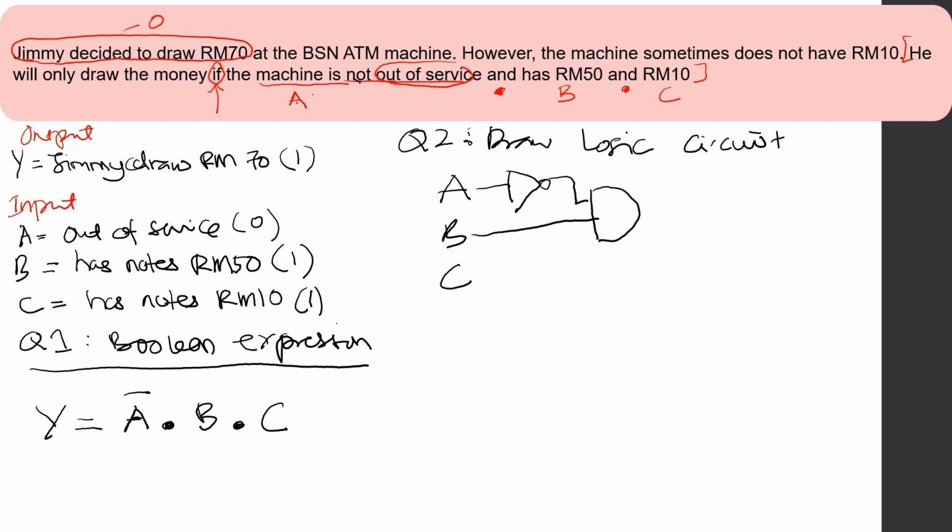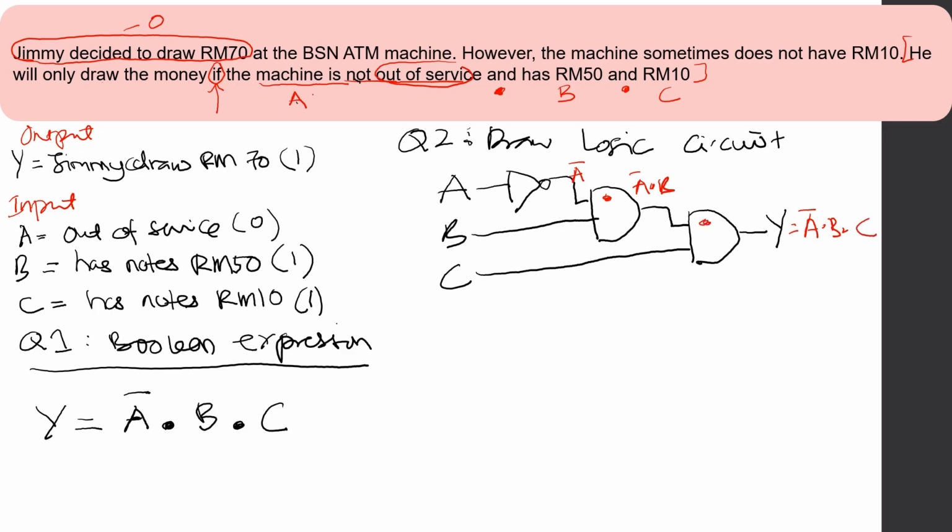Then we have A not dot B, then AND with C. So this is Y. Here A passing the NOT gate gives A not. Then B, A not dot B is A not dot B. And then C, A not dot B dot C.